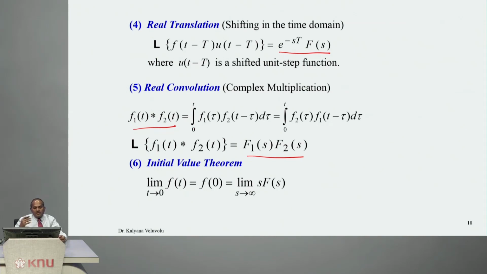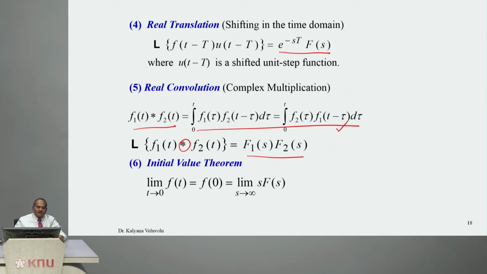But students who already learned convolution in signals and systems might be familiar with it. It doesn't matter which function you are reversing and shifting, you get the same result. So the Laplace transform of a convolution is not a multiplication in time, it is a convolution in time, and then it's a simple multiplication in the frequency domain.